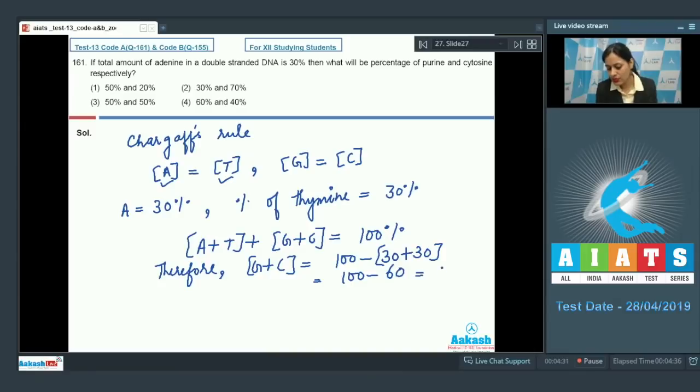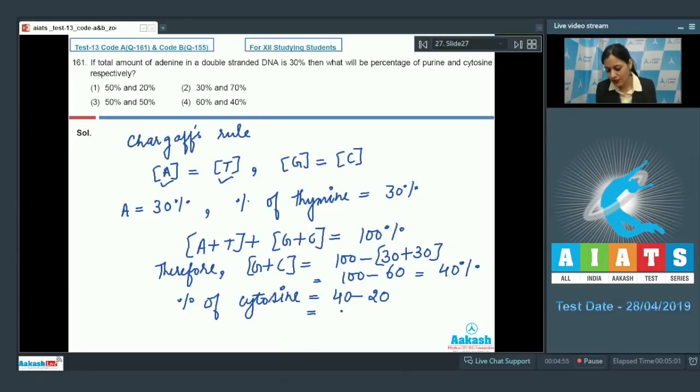100 minus 60 equals 40%. So percent of cytosine equals 40% divided by 2, that is 20%, as cytosine and guanine are present in equal proportion, 1:1.